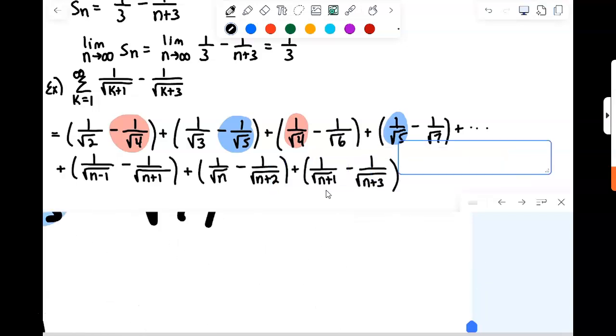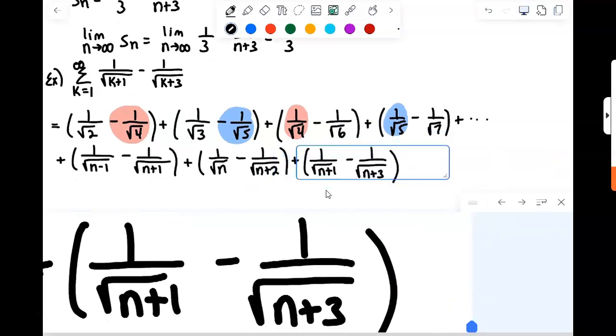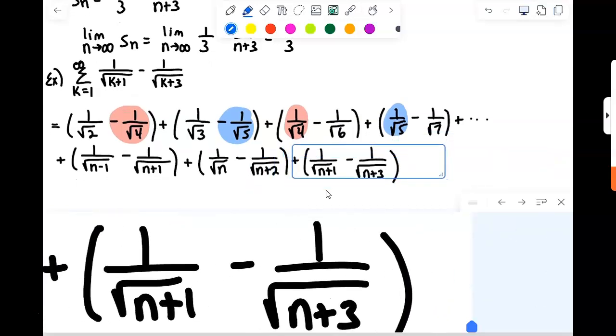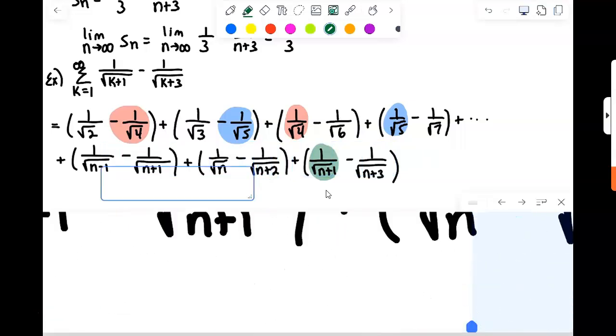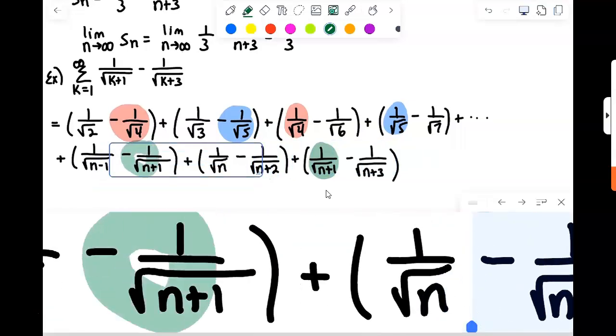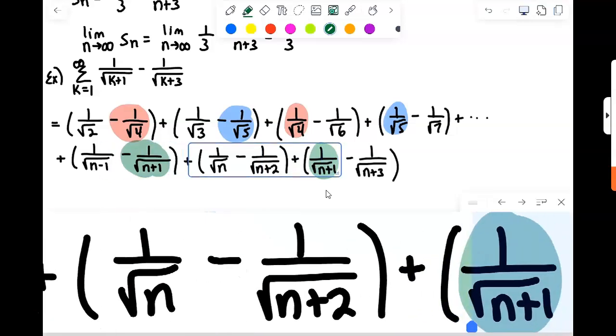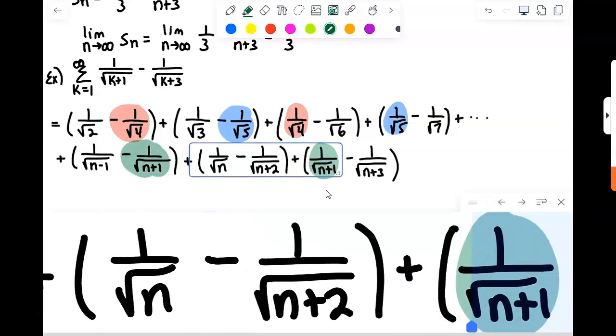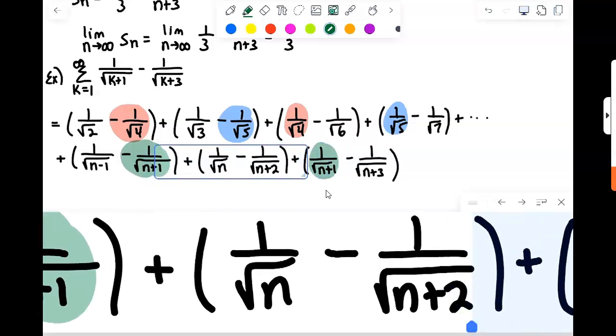Okay, so I wanted these extra terms so I can see that very clearly. This term here, 1 over square root of n plus 1, is getting canceled out. And likewise, 1 over square root of n also would have been canceled out.